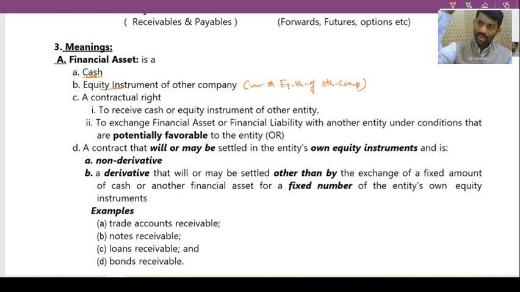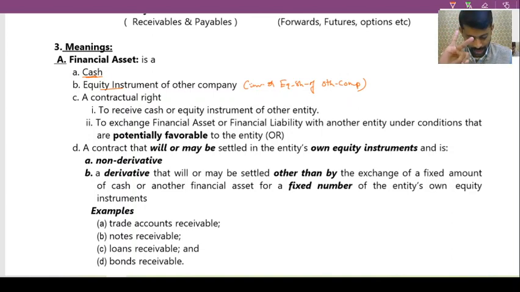If you have invested in the shares of another company and you are holding those investments in your hand, that itself is already a financial asset. Are you understanding? So the first one is what? A financial asset means it is cash and an equity instrument of another entity, another company.